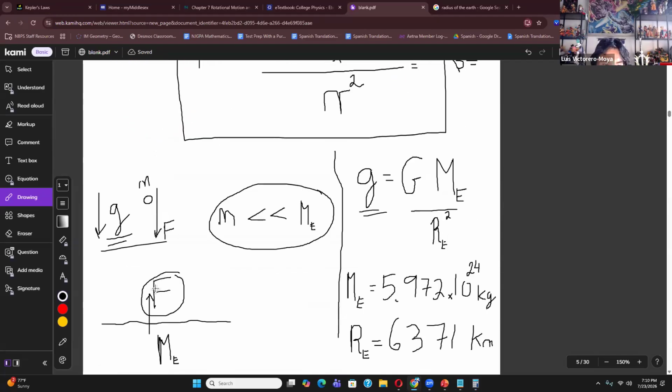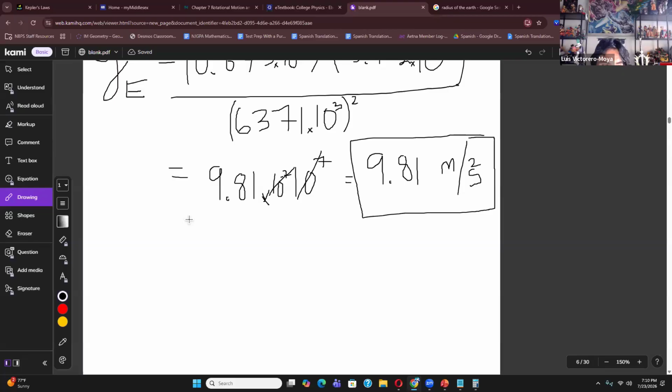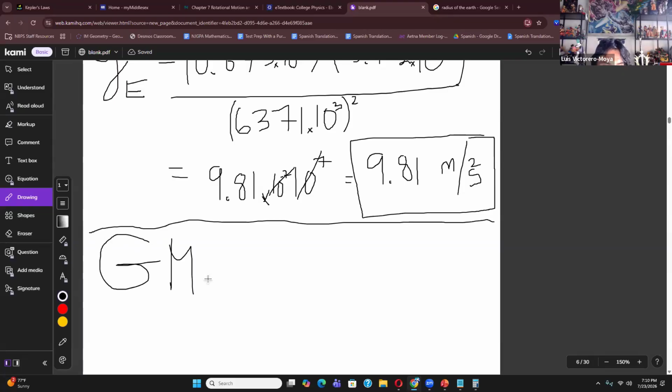All right. So the gravitational force, G m over radius squared, can be used as well to find the force acting on rockets or satellites, right?